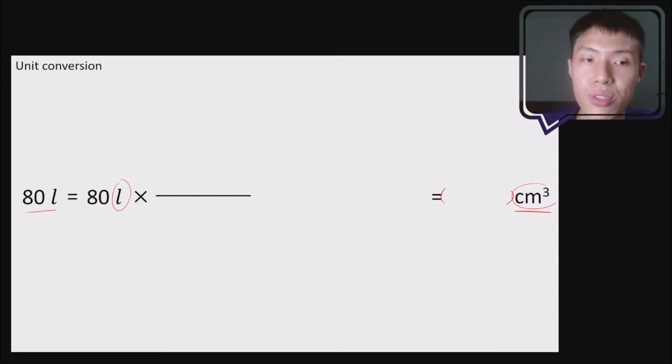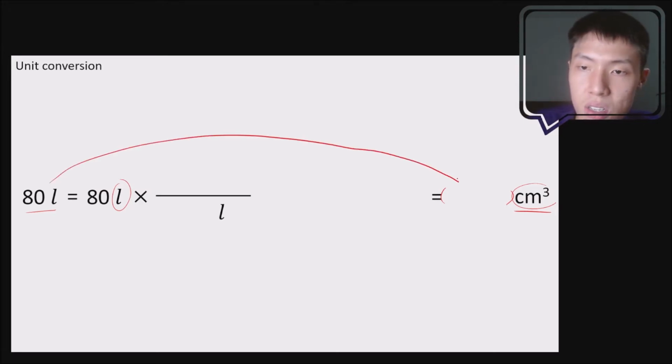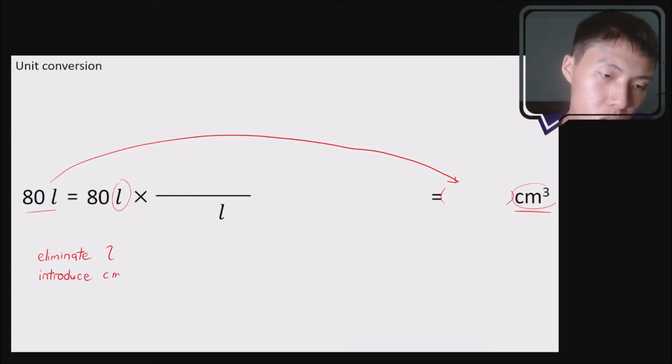Now the next step will be to put in the units. How do you put in the units? Over here, from 80 liter to cm cube, we want to eliminate the unit liter, but we want to introduce cm cube.